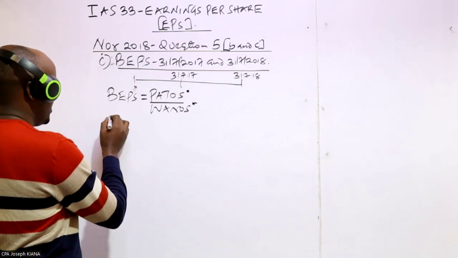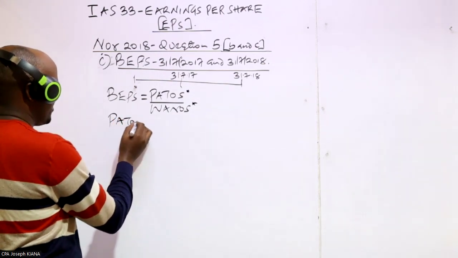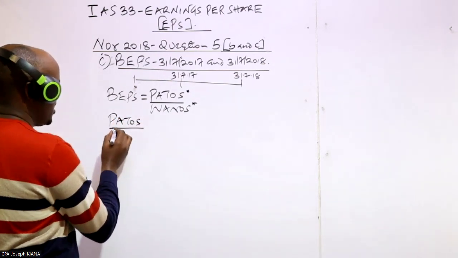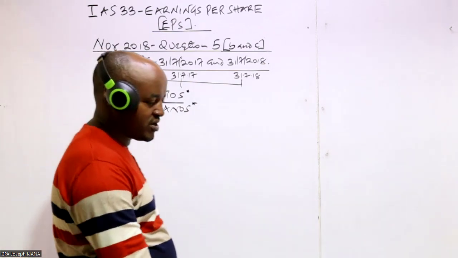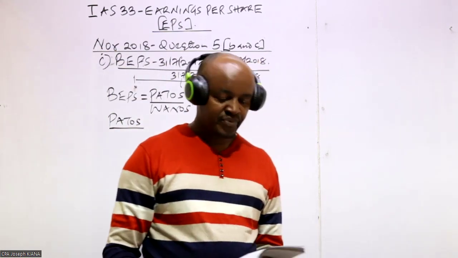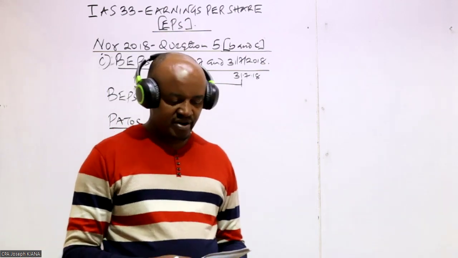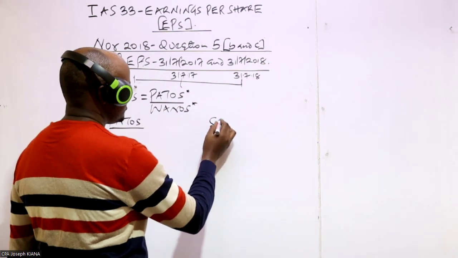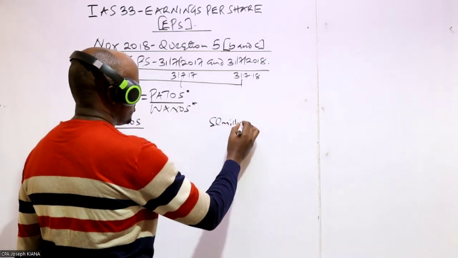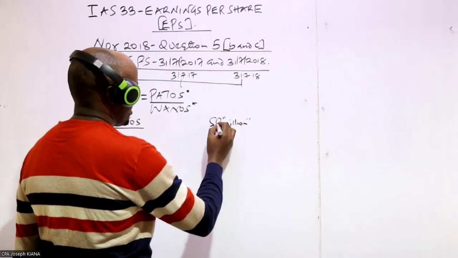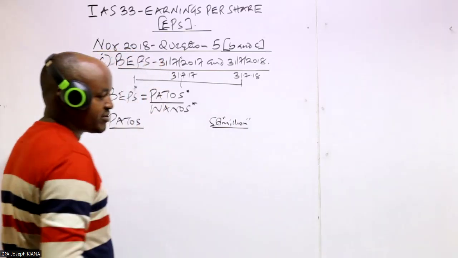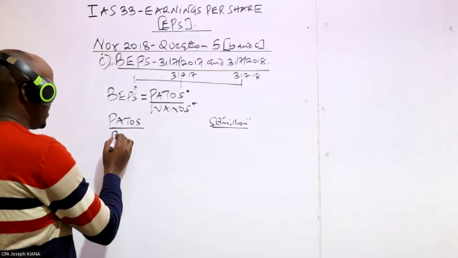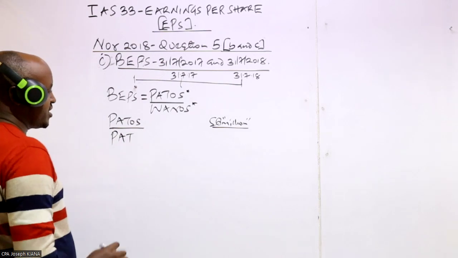So let's start by computing the PATOS, which is the profit attributable to ordinary shareholders. If you remember what we discussed in our previous session, to compute this, popularly known as PATOS, we take the company's profit after tax.